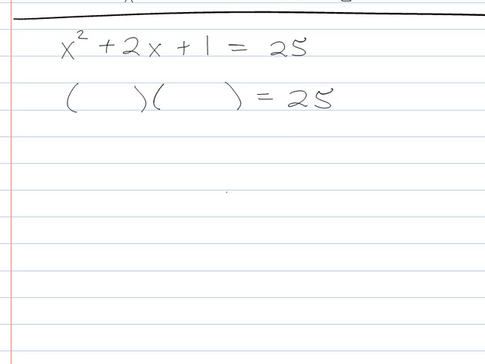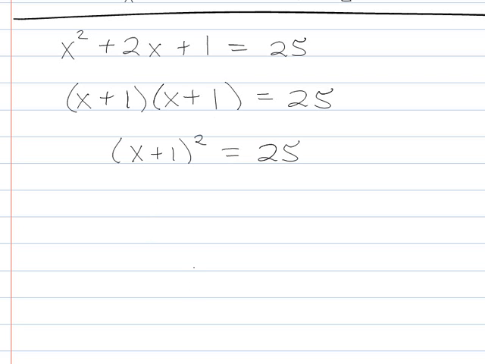Okay, and there's a reason for this. All right, so we're going to put the x here. They're both pluses. And hopefully without too much effort, you can get x plus 1 times x plus 1. Now we can write this as x plus 1 quantity squared is equal to 25, right?